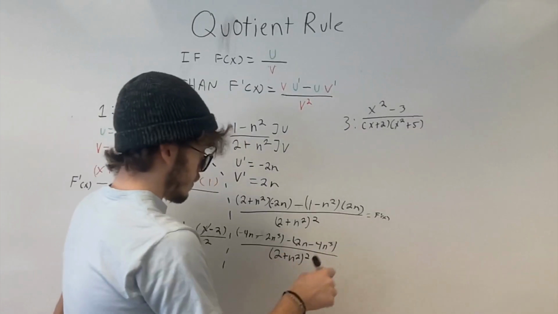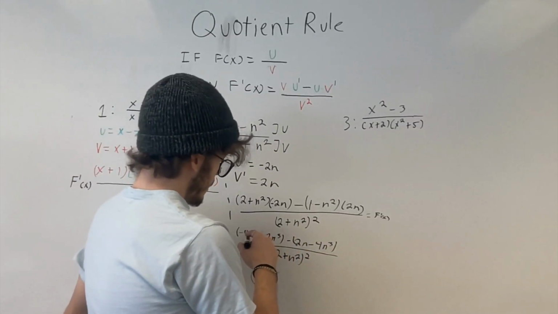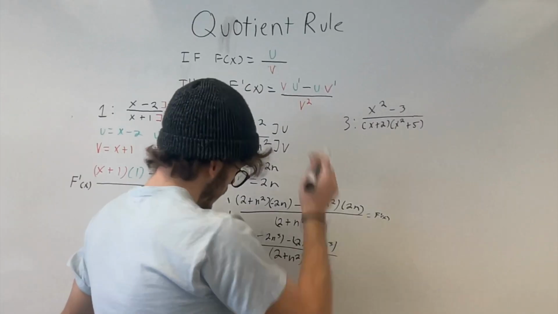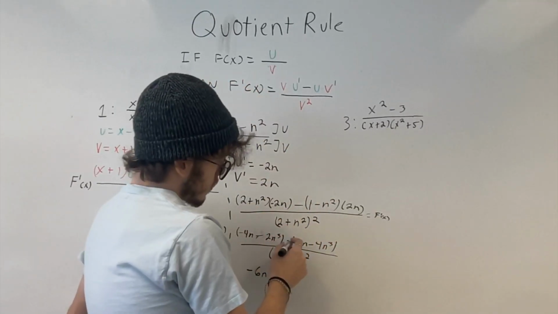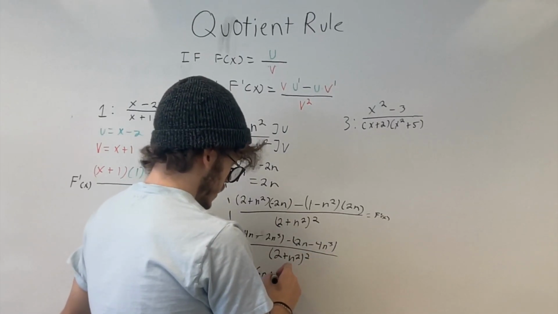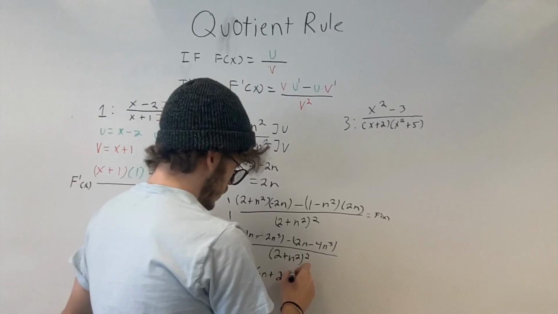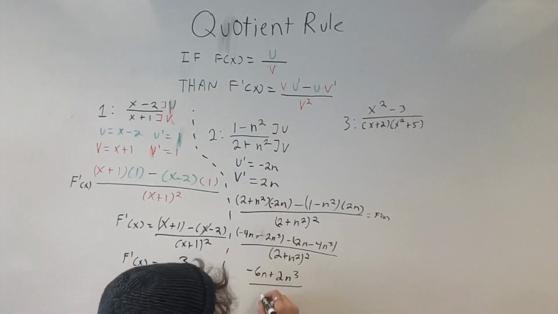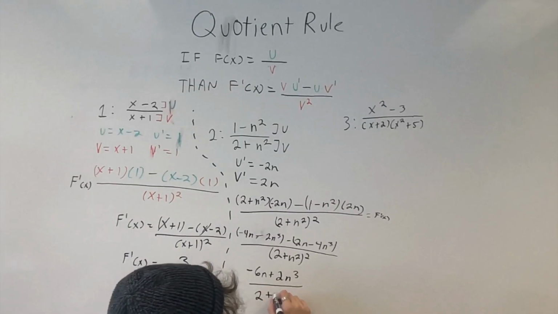Alrighty, we do another simplification. 4n minus n is negative 6n. And then we have negative 2n to the third, and we're adding 4n to the third to that, so that is plus 2n to the third. We put that all over 2 plus n squared to the second.